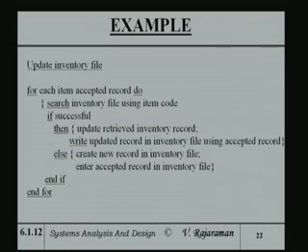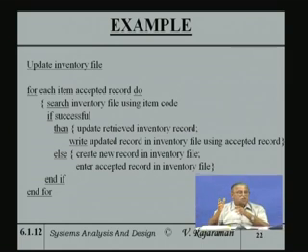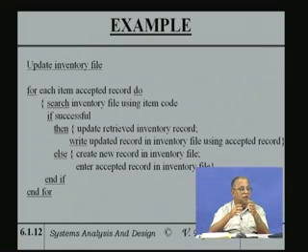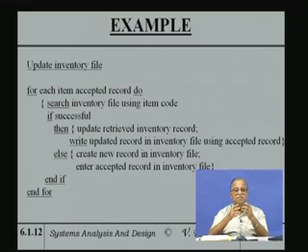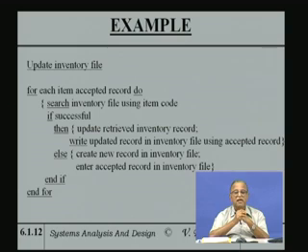There is another example. For each item accepted record, when items come into the store, as in the very first early examples, I talked about a situation where products are received by a company and sent for inspection, and after inspection if they are accepted, then it goes to the stores, and stores does the updating of the database.